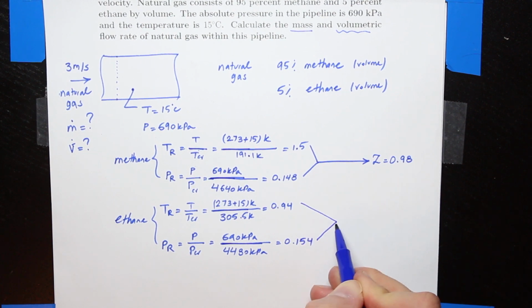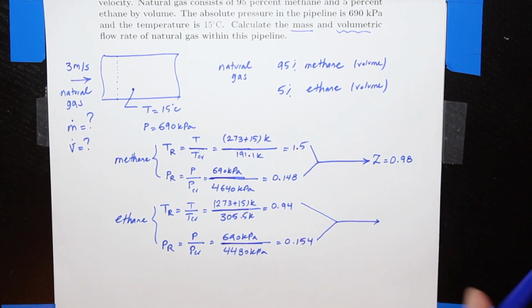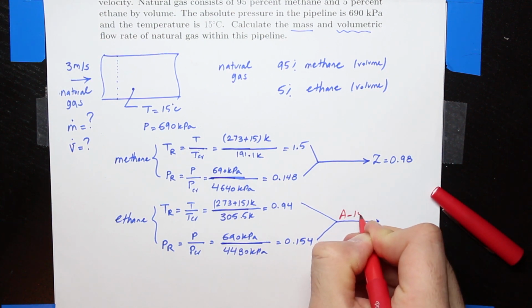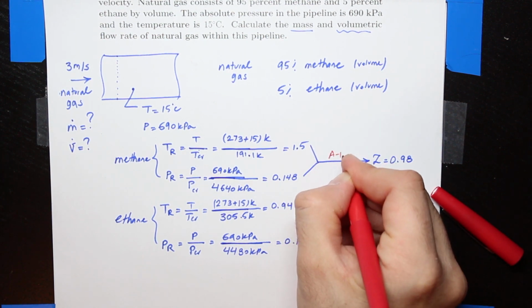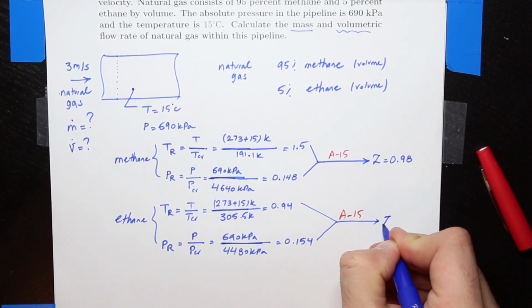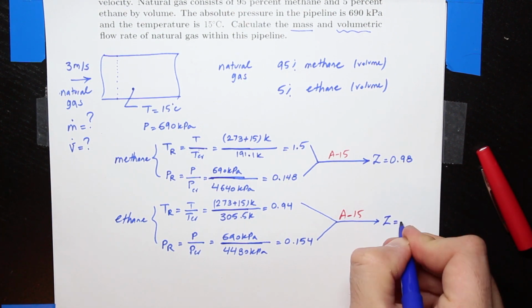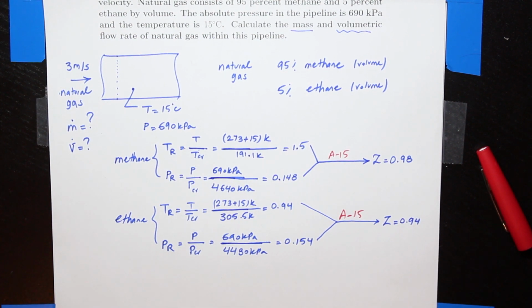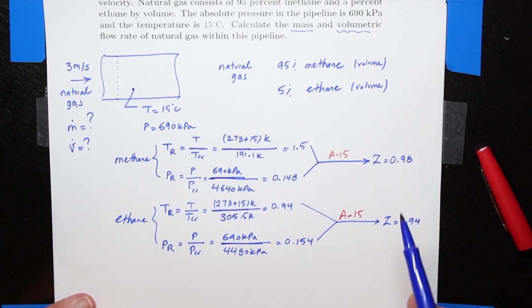So again, you go to figure A15 and also A15 here, and you obtain the Z value. So Z is 0.94. Okay, to obtain the Z value, obviously it's not an easy job to get the Z value.